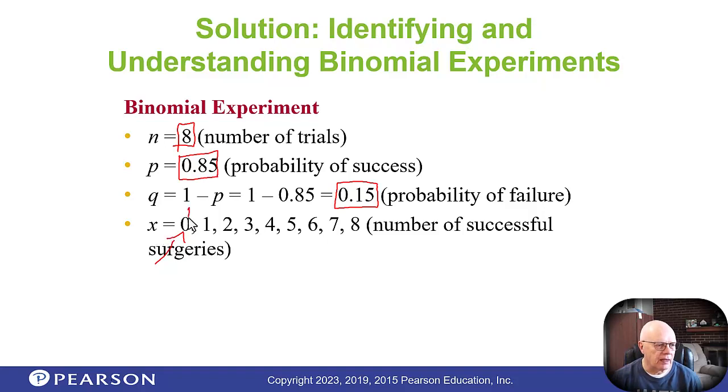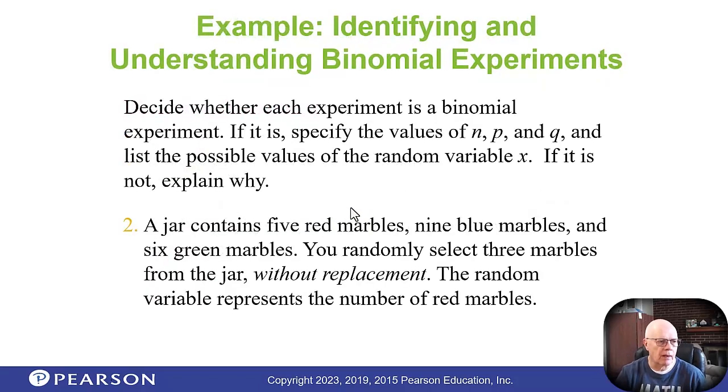This would be none of those surgeries were successful. This would be 1, 2 out of the 8, 5 out of the 8, or all 8. We'll get back to something similar to that, but that's just deciding whether it's a binomial experiment or not.